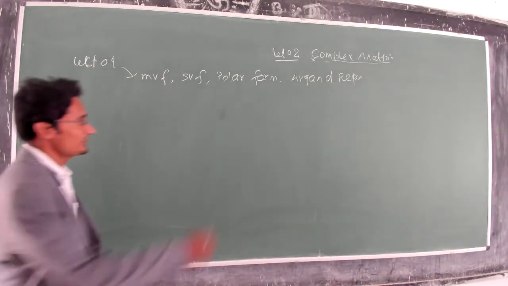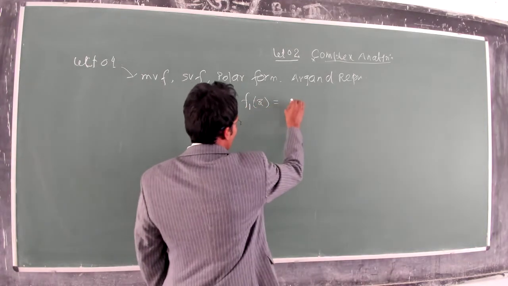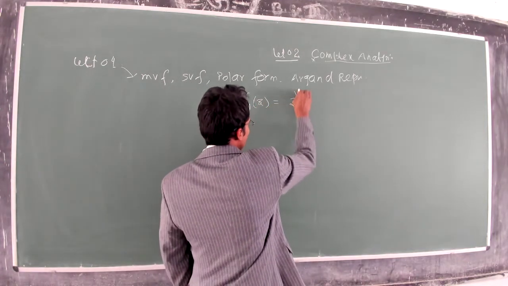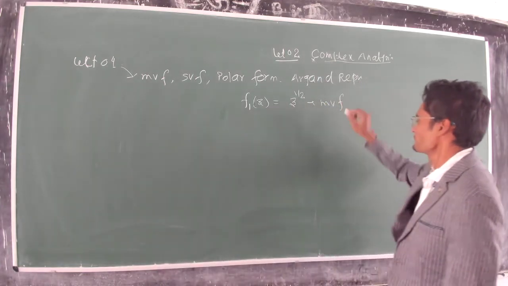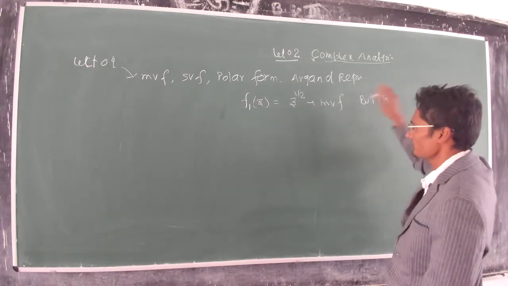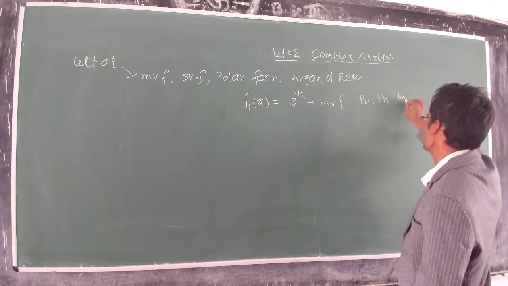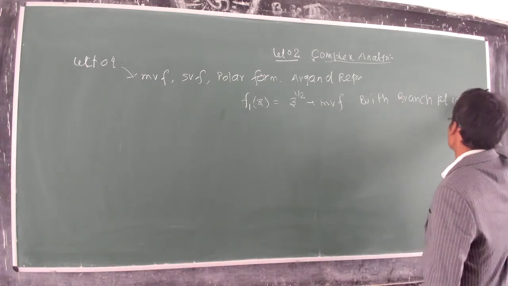For example, the first example was f1(z) equal to z to the power half, root z. This was a multiple function with the rotation around the point, with branch point 0.